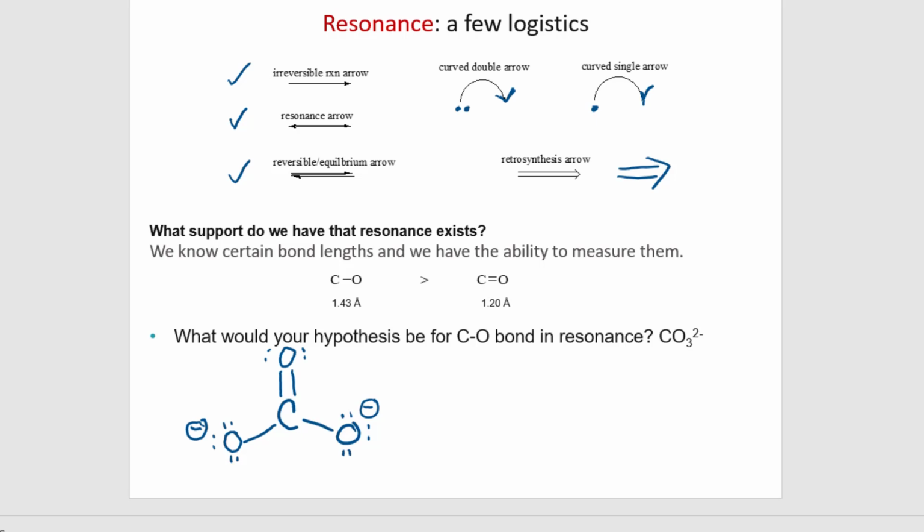Now, if you were to measure the bond lengths of the carbon-oxygen bonds for this molecule, you would neither see 1.43 angstroms, nor would you see 1.2 angstroms. You'd actually see something right in the middle. Why? Because these bonds are not really single bonds. They're actually a little bit shorter than single bonds, but they're not quite double bonds either. They're a little bit longer than double bonds.